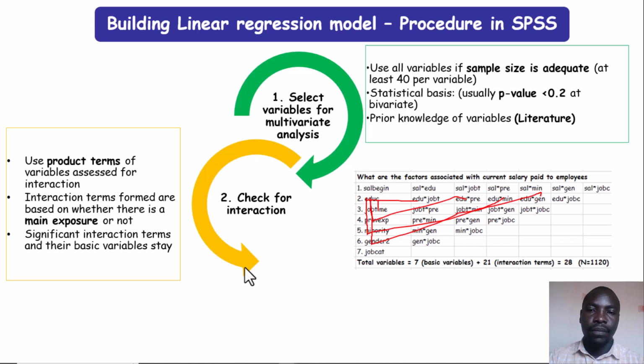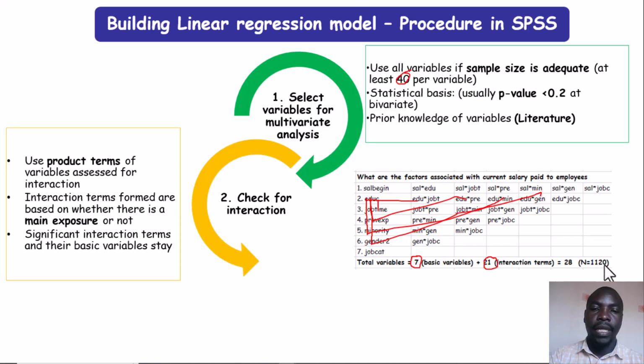In total, you would see that we have the 7 basic variables, and then we have formed a total of 21 interaction terms, giving us 28. So if we multiply 28 with the 40 per variable, we would get 1,120.